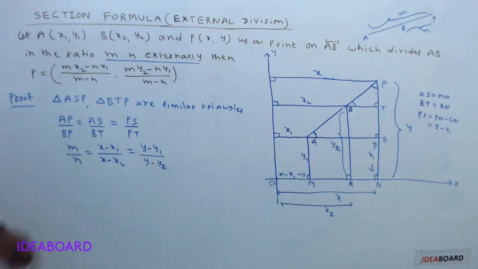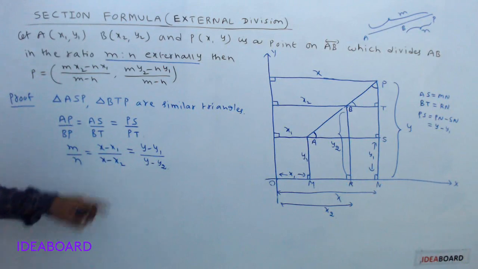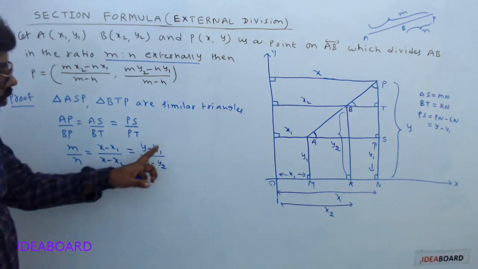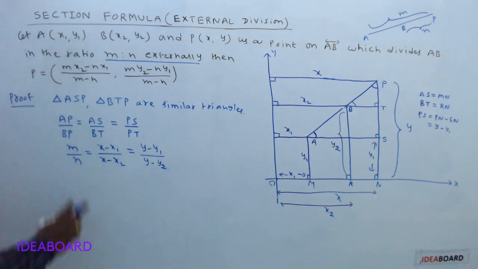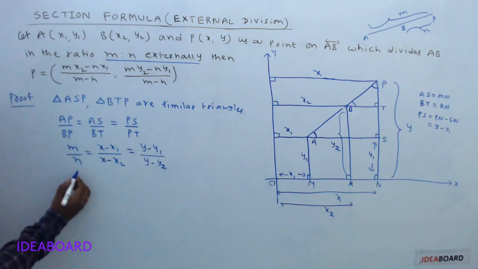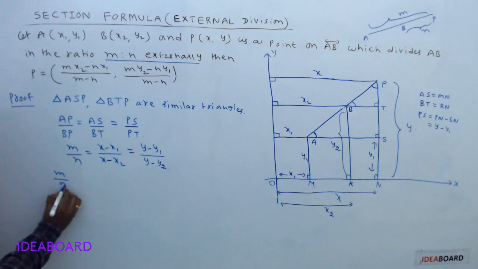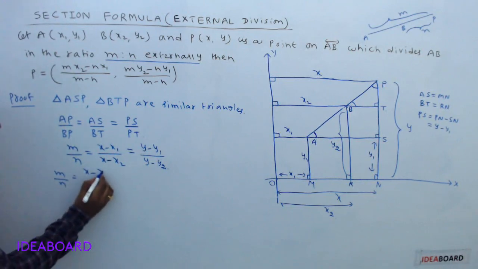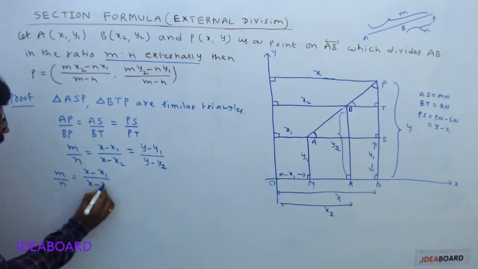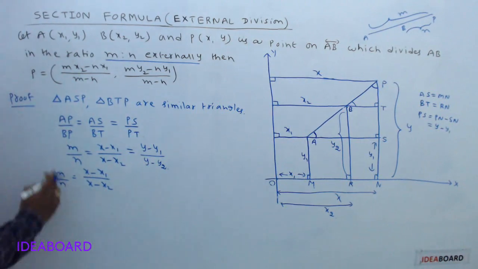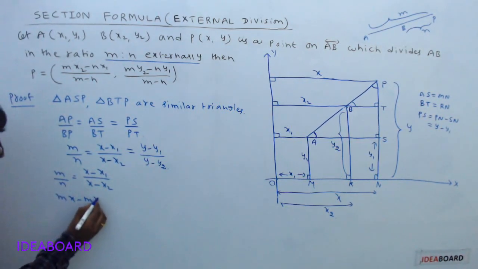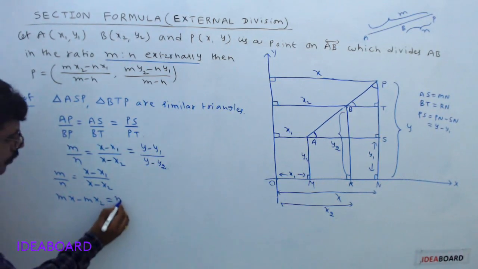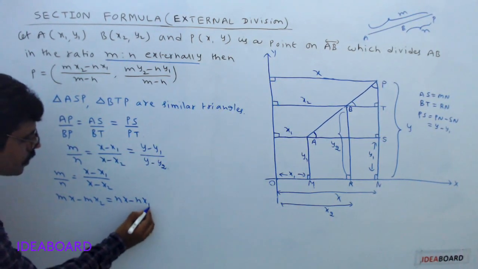So m by n equal to x minus x1 by x minus x2 equal to y minus y1 divided by y minus y2. Now equating these two fractions, this is m by n equals x minus x1 divided by x minus x2. On cross multiplication, mx minus mx2 equals nx minus nx1.